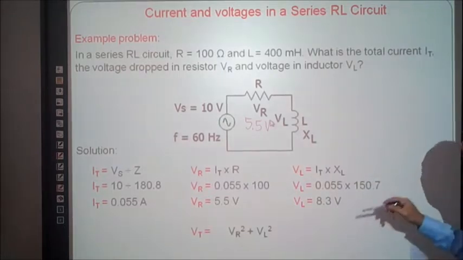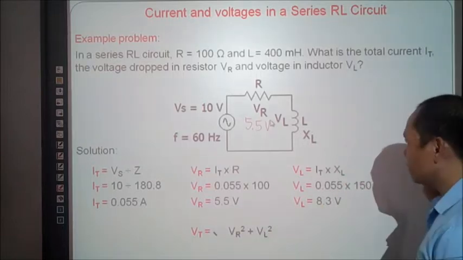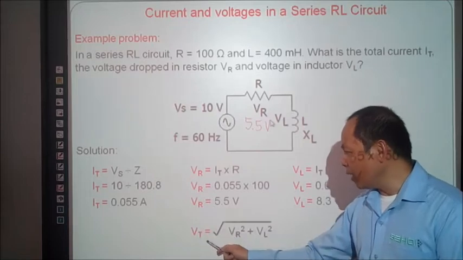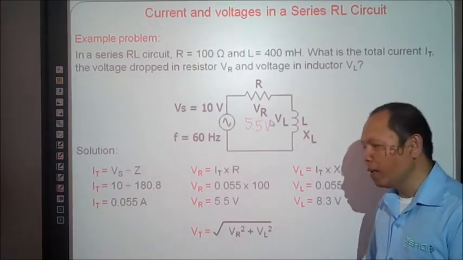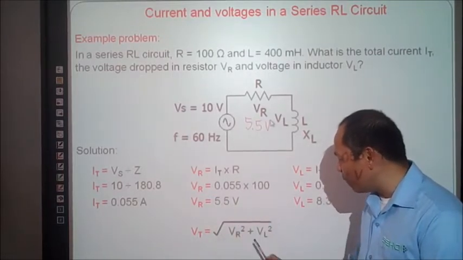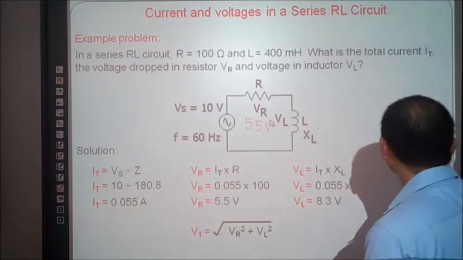So this is the formula. Total voltage is equal to the square root of VR squared plus VL squared. Then substitute the value of VR, which is 5.5, and the value of VL, which is 8.3 volts.